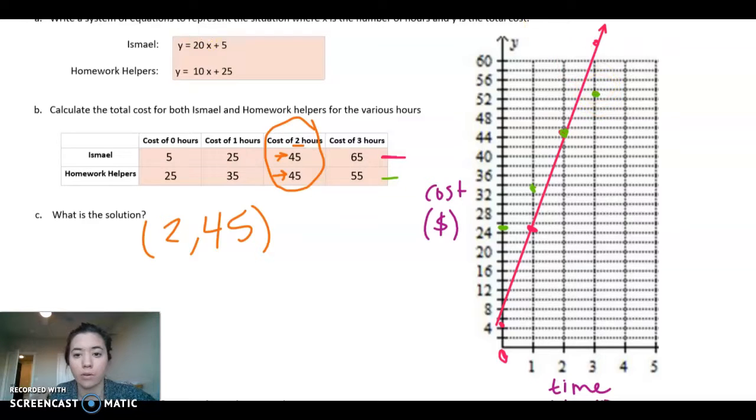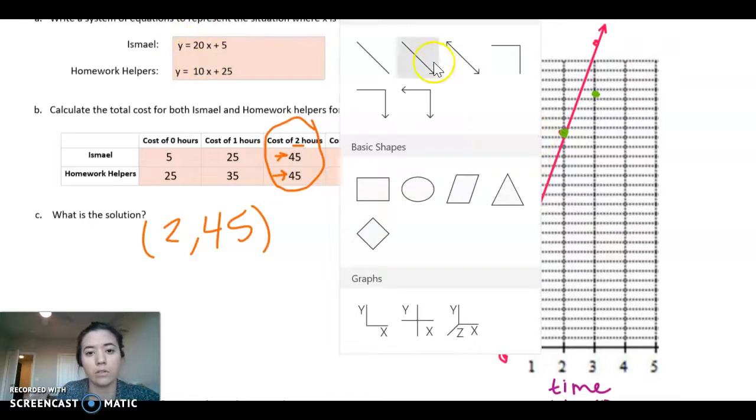And then again, 35. Yeah, that's good. Okay, now I'm going to graph it with a line.